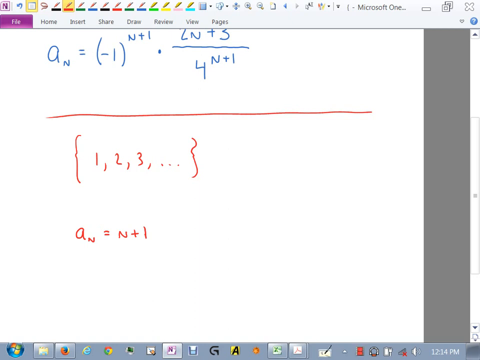Because you start at 0, right? You plug in 0, you get 1. You plug in 1, you get 2. You plug in 2, you get 3. So it's just going to count out the numbers. That's not a complicated one. Sometimes the ones that aren't complicated confuse us because they're so simple, they're hard.